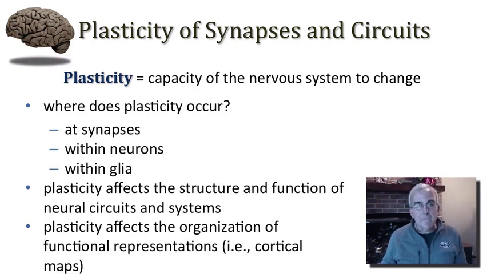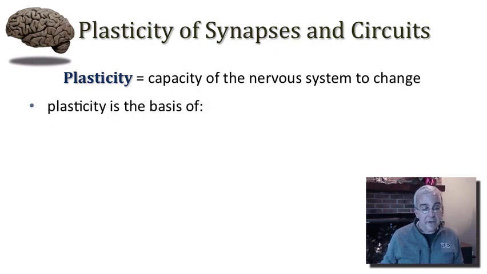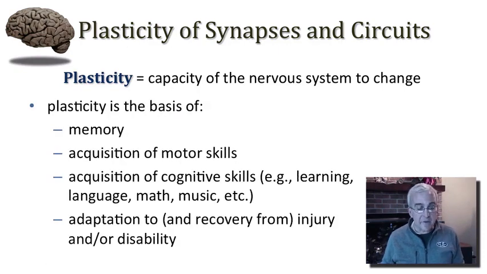Well, with such change pervasive throughout our organization of neural systems and neural circuits, it's not surprising then that plasticity should be the basis of basically everything we do in our nervous system that is predicated upon learning and change. So plasticity is the basis of memory.